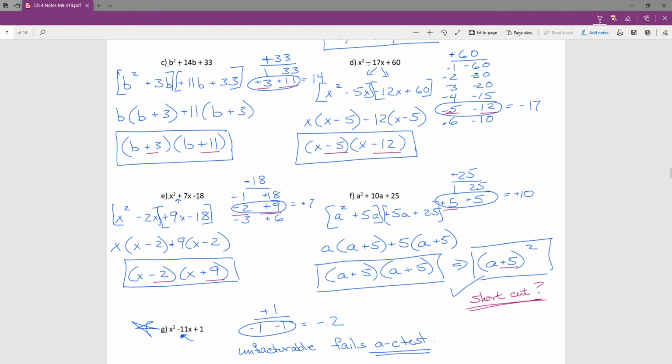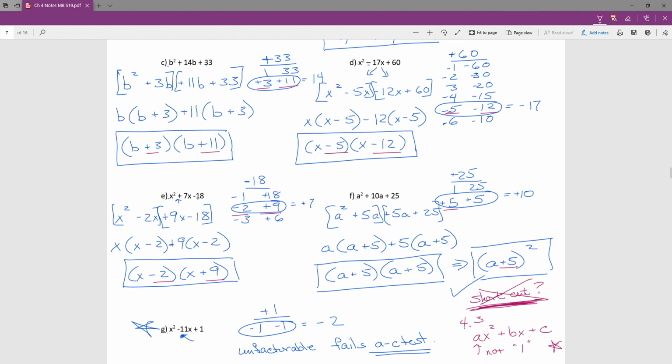Now, you might think, well, if there was a shortcut all along, why would I have taught you the long cut? And the reason why is that 4.3, the one that we do next, is ax squared plus bx plus c. And in all of those, we have a coefficient that is not 1. And so when there's a not 1 here, you cannot do the shortcut.